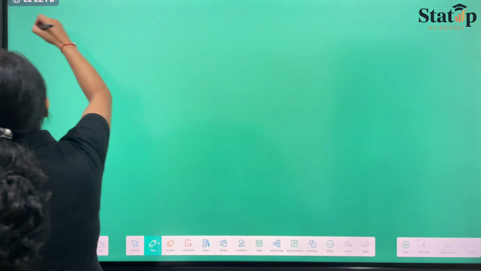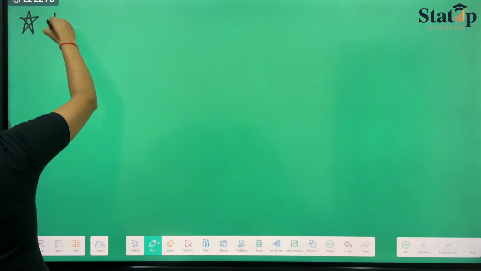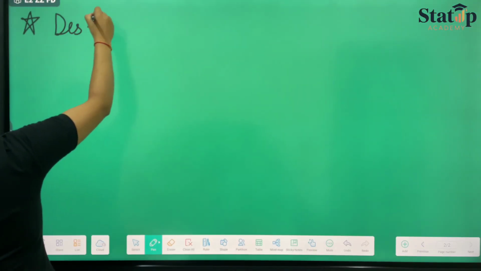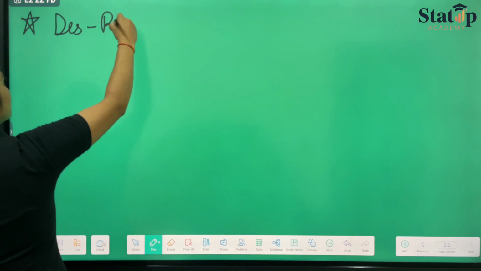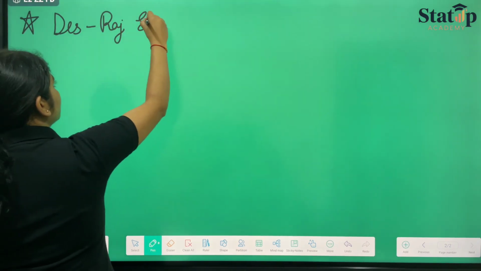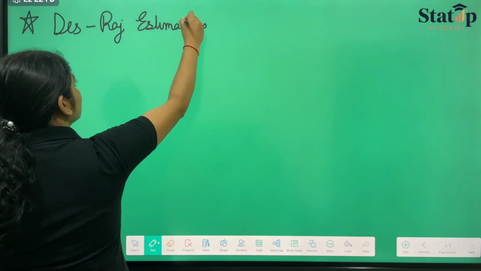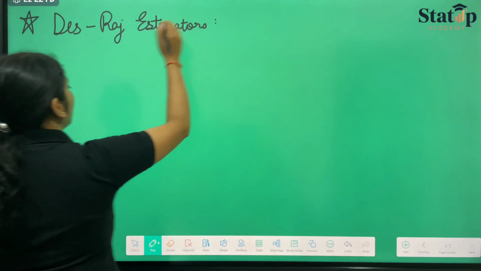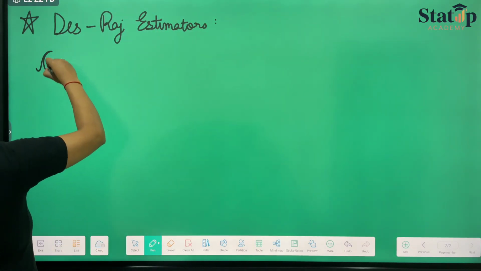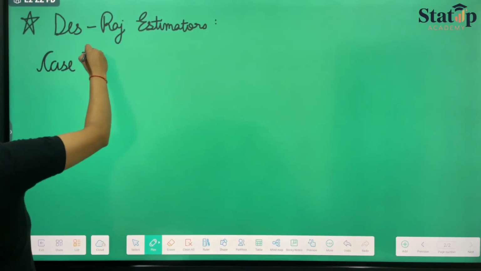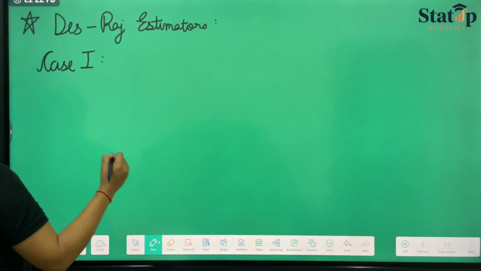So we are discussing the Des Raj estimators. Here we are discussing case 1, and we'll only discuss case 1, not 2, because that is not in our course.